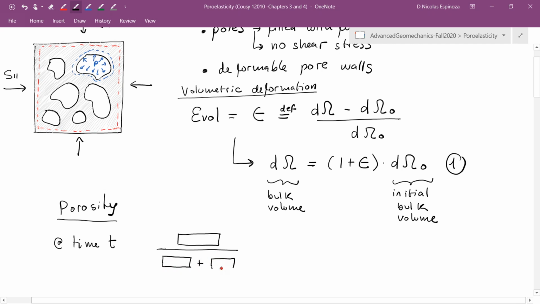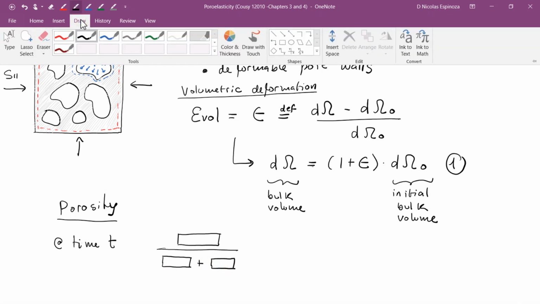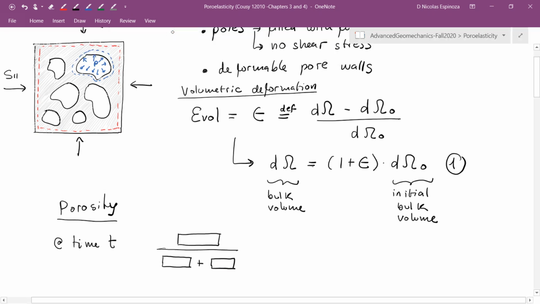Probably there is nothing new to you now, but you will see that we really need to be very specific about how we define this porosity, because that's going to have a great impact later on. Okay, when I define this porosity at any time, that's what is generally called the Eulerian porosity.